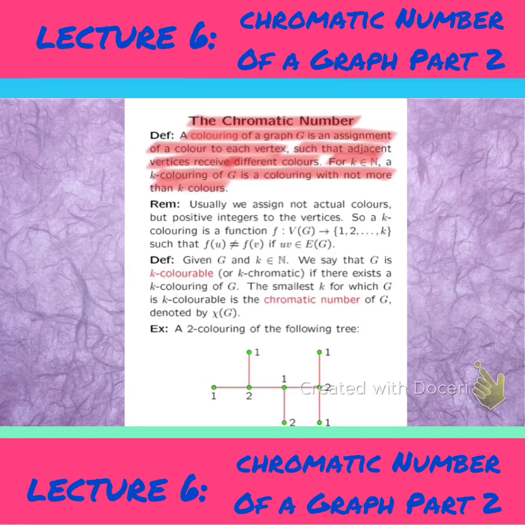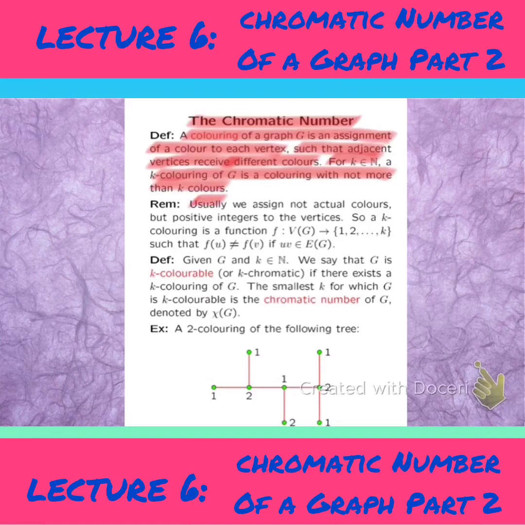This function assigns each vertex a natural number between 1 and k in such a way that if two different vertices are adjacent, the function values are not the same.